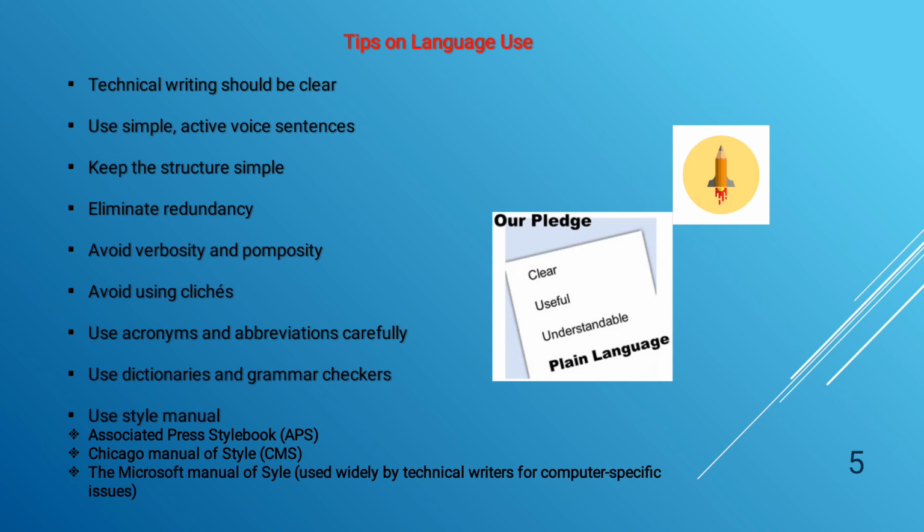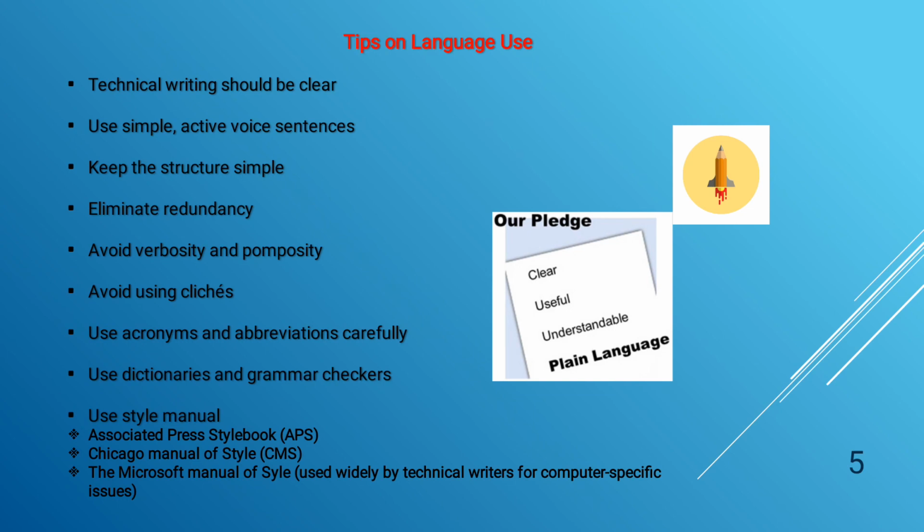The next tip says use dictionaries and grammar checkers. For best results in your technical writing, you must always use dictionaries. This helps eliminate words in passive voice, unnecessary repetition, and grammar and spelling errors. The next tip says use style manuals.